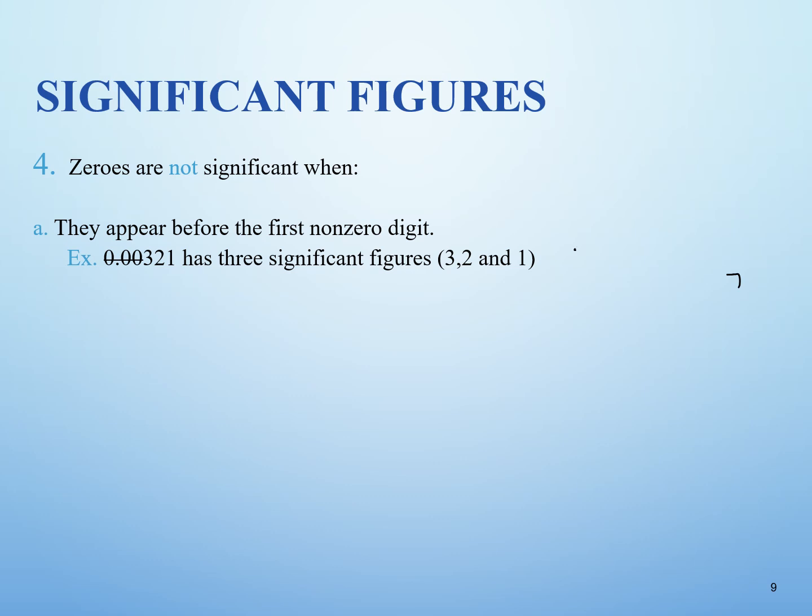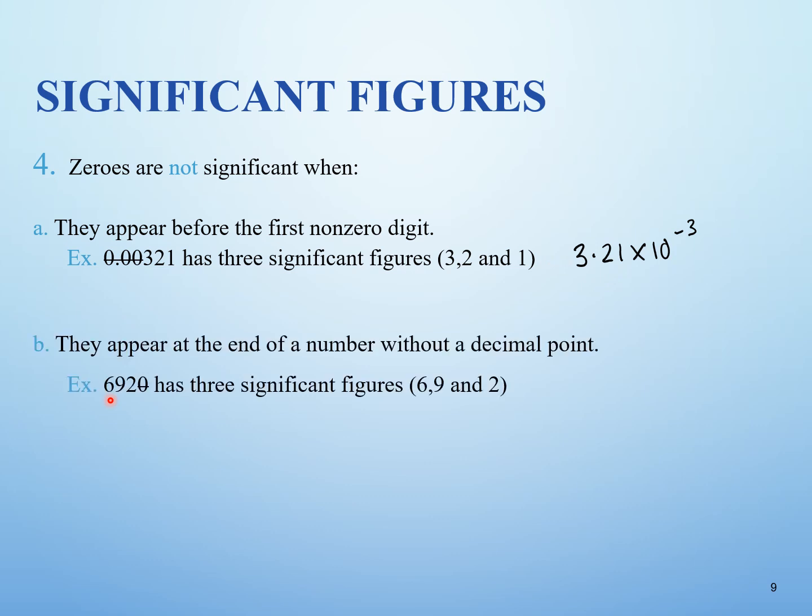I would have written this as 3.21, correct? And then it's smaller, so how many times smaller? 1, 2, 3, times 10 to the minus 3. And that's how I know these zeros in front are not significant, because I only wrote 3.21. I didn't write 0.00321.